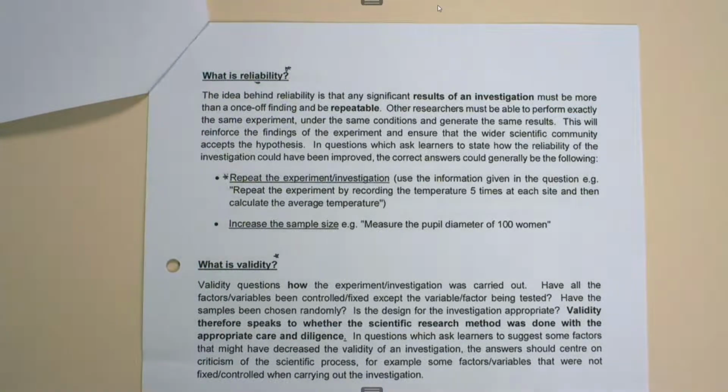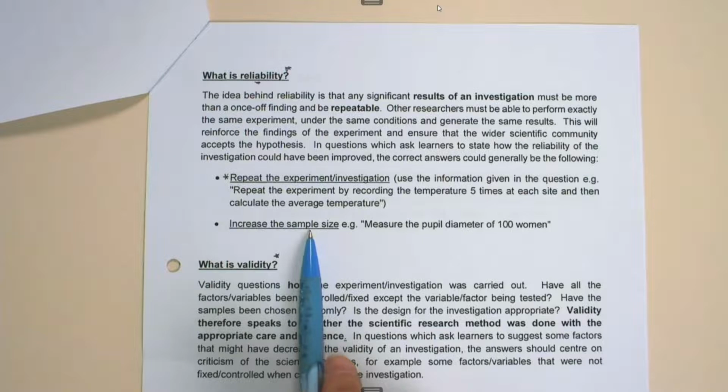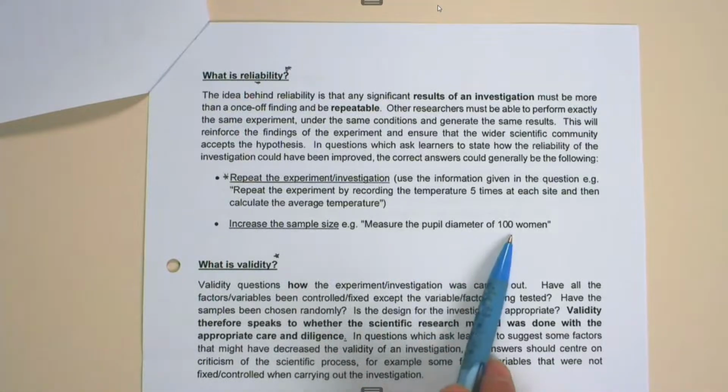If you repeat it over and over and you get the same result, you know that it is reliable. And then also increase the sample size. You can't measure the pupil of one woman and then say, yes, but it's reliable. The more you test and get the same answer or the effect that you guessed will happen, then it becomes reliable.